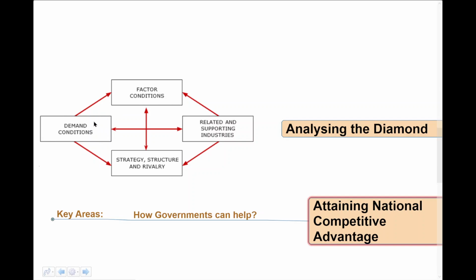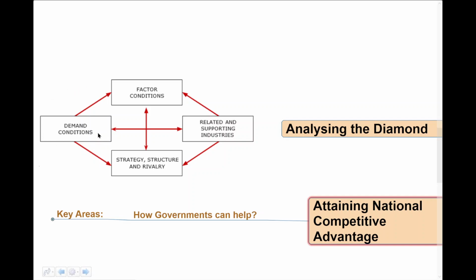Let's deal first and foremost with demand conditions. Now, I'll use the German car industry as the example here. So we're suggesting, and perhaps Porter is wrong, but we're suggesting that looking back at the German car industry over time, it would have started to develop in its fledgling form, I would have thought, in the 1920s, the 1930s.